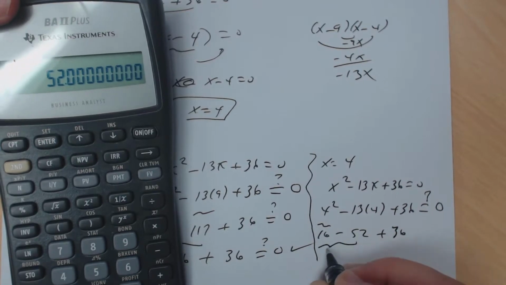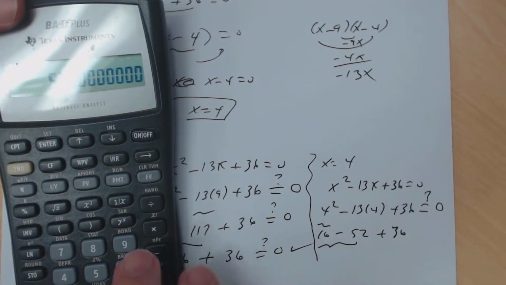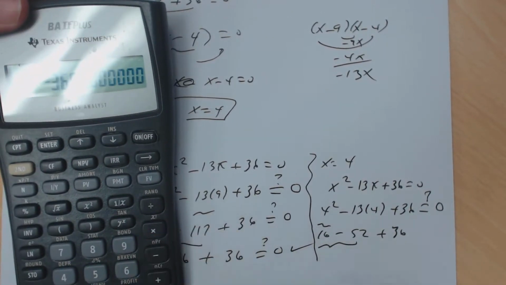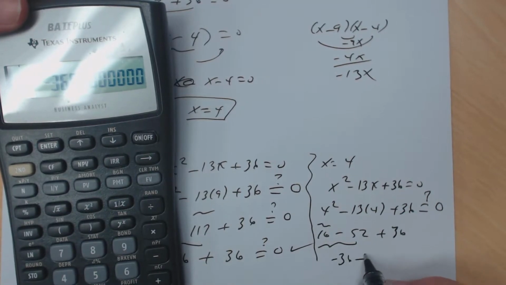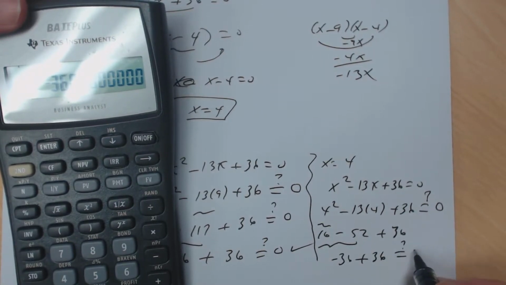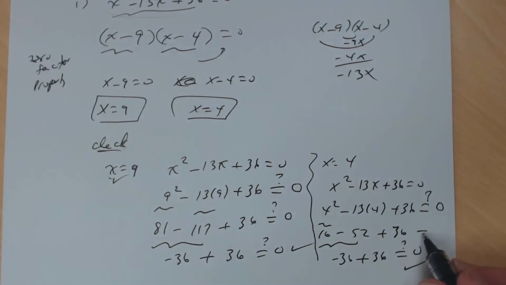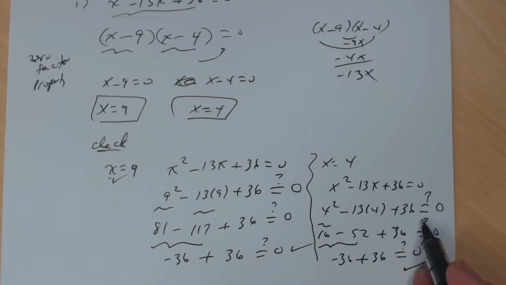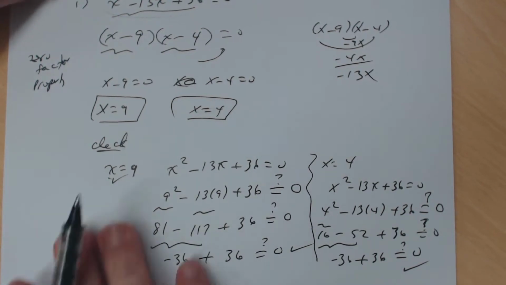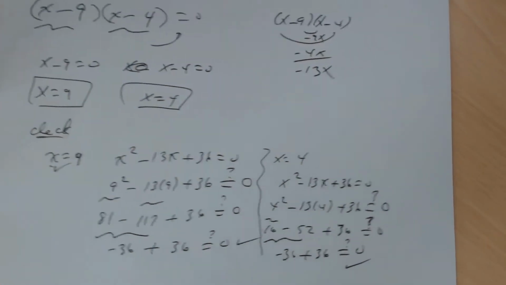So order of operations, 16 minus 52. I get negative 36. Negative 36 plus 36 is 0. All right, so those solutions do work. So those are your two solutions. So that's checking in the original.